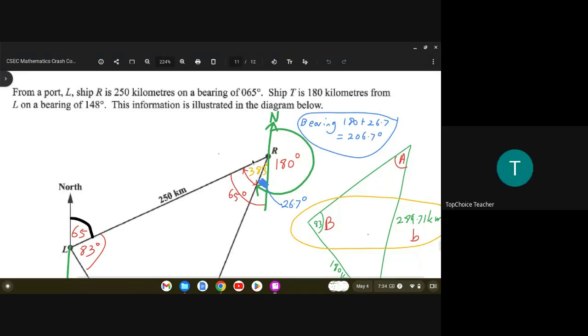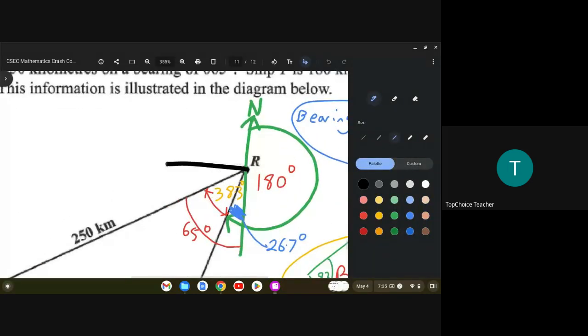Let me see. So that's the 25 over here that we're looking at, right? Let me see if I could sketch that in here. I'm going to draw this line across, and this is the 25 there, okay?